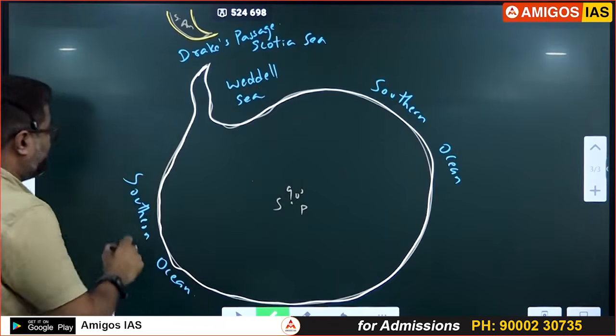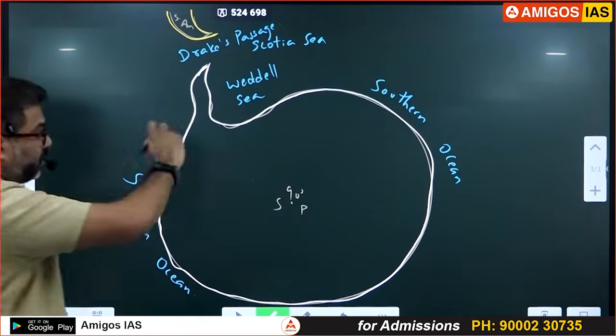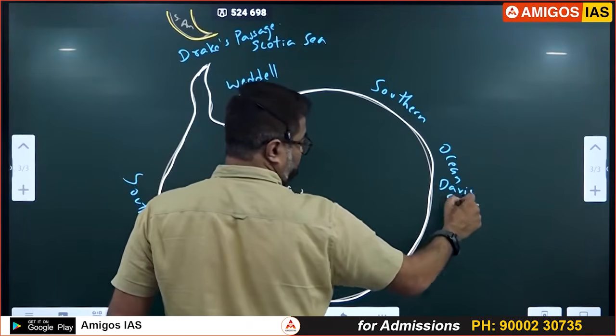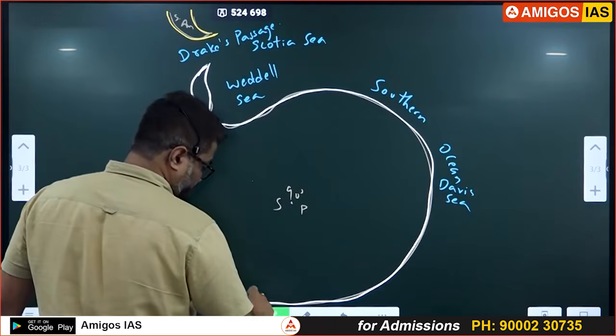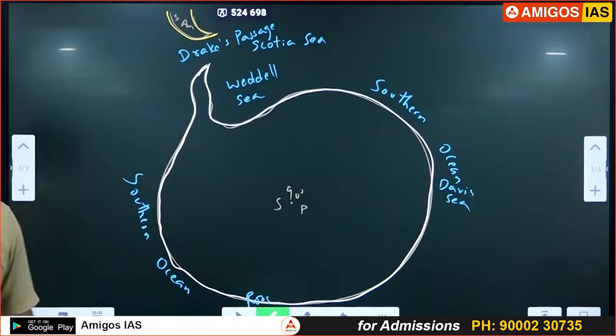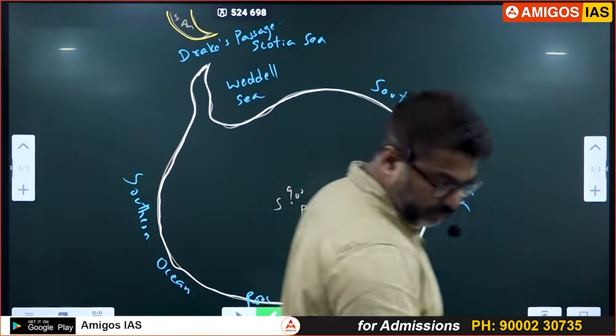Amundsen Sea, Bellingshausen Sea. Around this, you can notice a lot of water bodies. Ross Sea. Around Antarctica, you notice Bellingshausen Sea, Amundsen Sea. Around Antarctica, we get a lot of water bodies. See here.